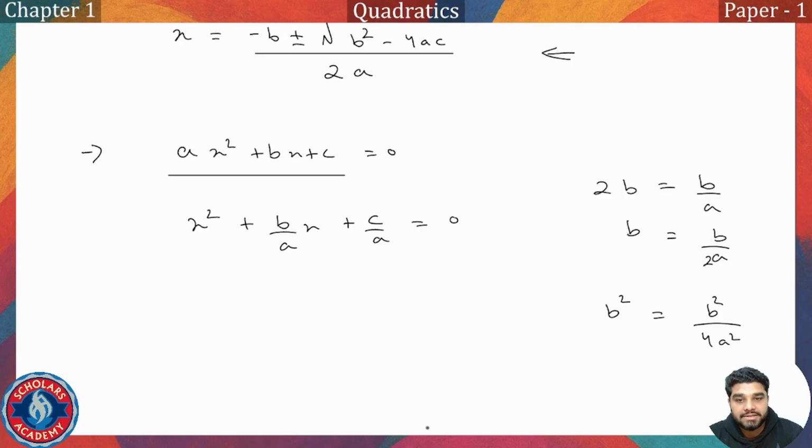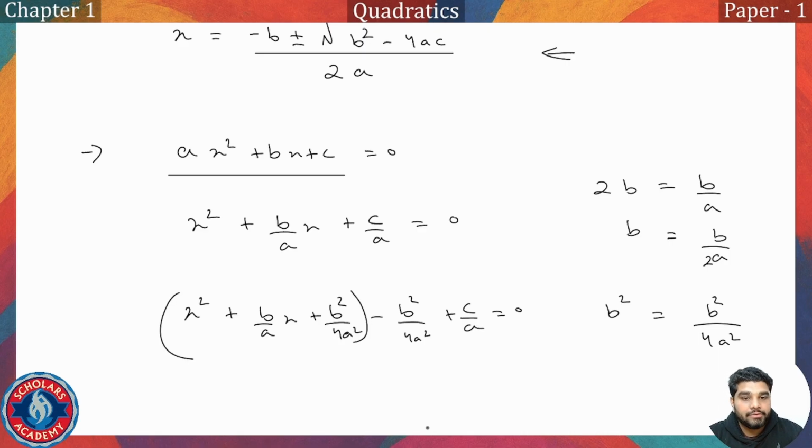So I will add and subtract this. I get x² + (b/a)x + b²/4a² − b²/4a² + c/a = 0.